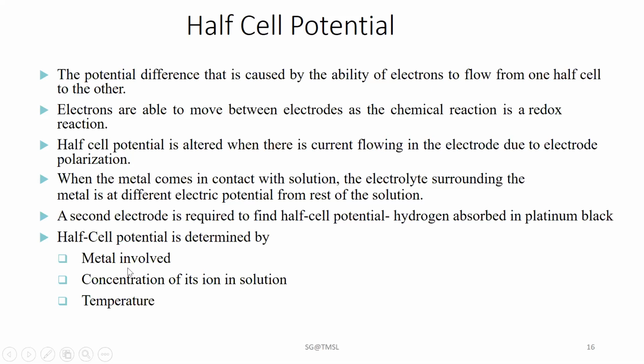Metal must be involved, the concentration of its ion in solution must be considered, and the temperature of the surrounding environment. And a second electrode is required to find this half cell potential, which is basically a hydrogen electrode, hydrogen absorbed in platinum black.